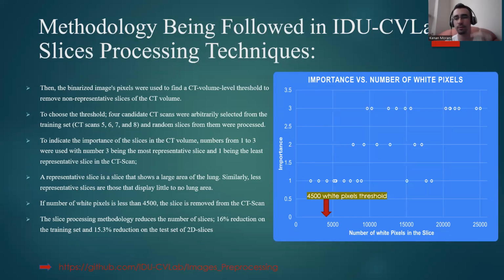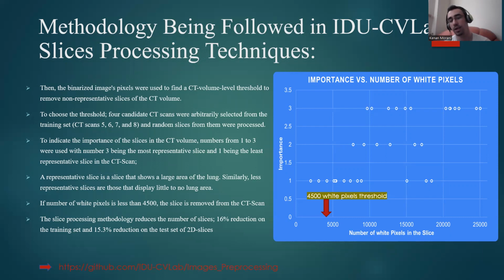Three levels, or 3 degrees of importance, were given to the slices, depending very much on the number of white pixels in each slice. If the number of white pixels in the binarized slice image was less than 4,500, then the slice is considered non-representative. As you can see, it's a level 1, which means it doesn't represent. So we have 1, 2, and 3 levels of importance for the slices.